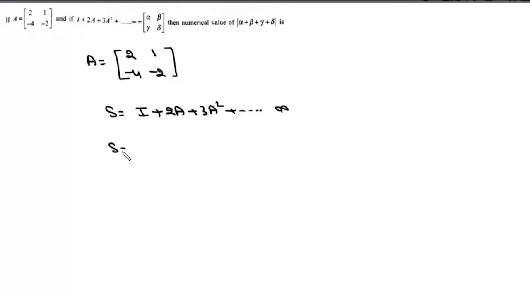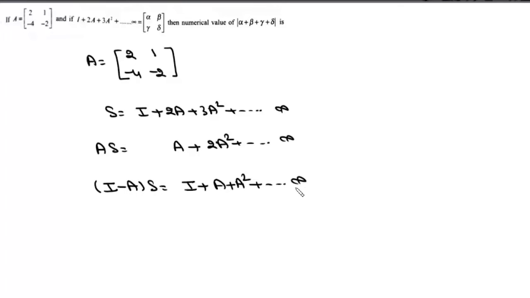Now we'll write this series again, but now we'll multiply it with A, and we'll displace this series by one term. So it'll be A plus 2A square up to infinite. Now we'll subtract the second from first. We can write I minus A times S will be I plus A plus A square up to infinite.